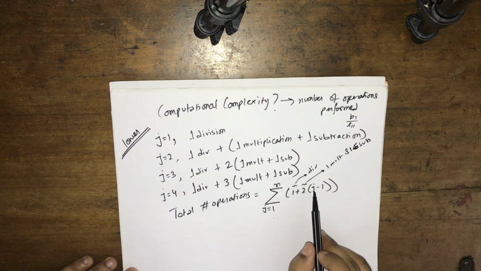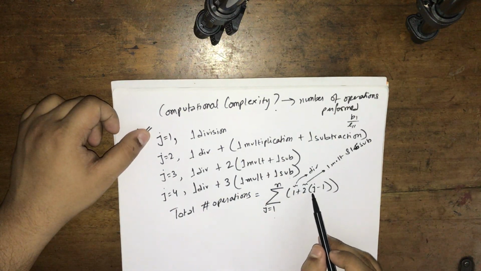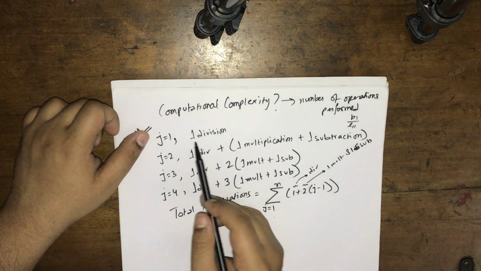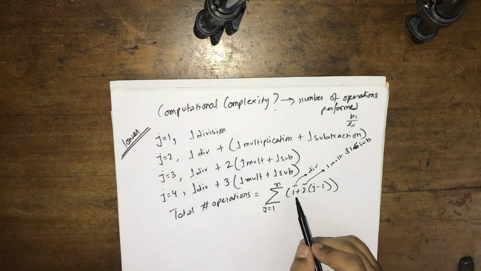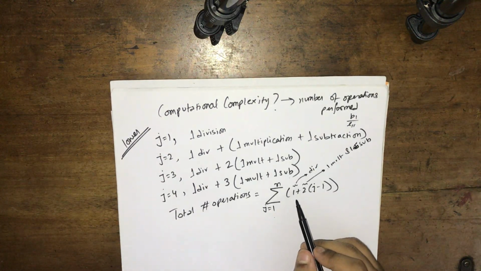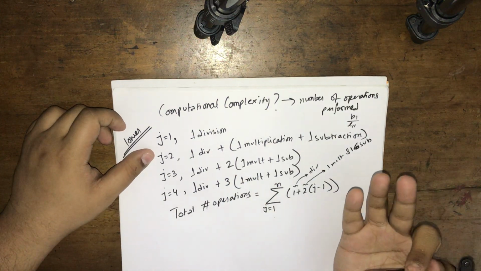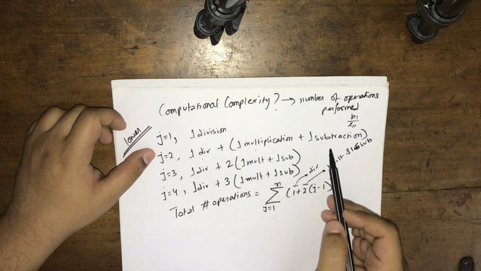So when my j is equal to 1, how many operations are we performing? Only one operation, which was division. So j minus 1 is equal to 0, and we are left with 1. And when j equals 2, we are performing 3 operations: one division, one multiplication, one subtraction.